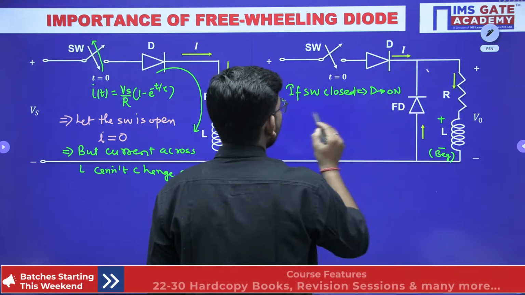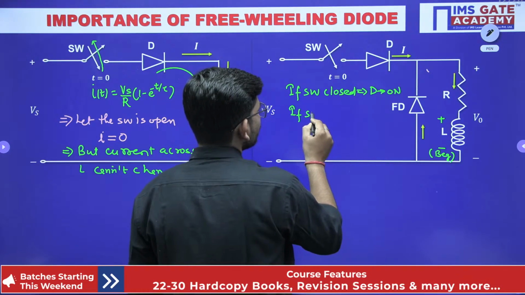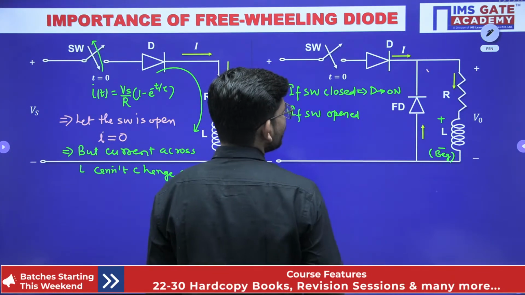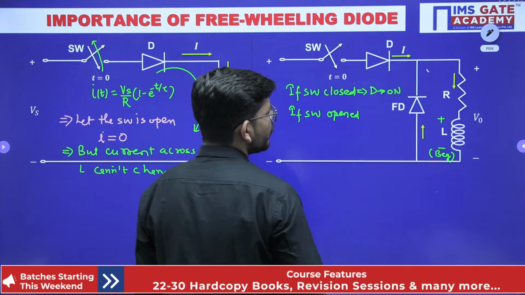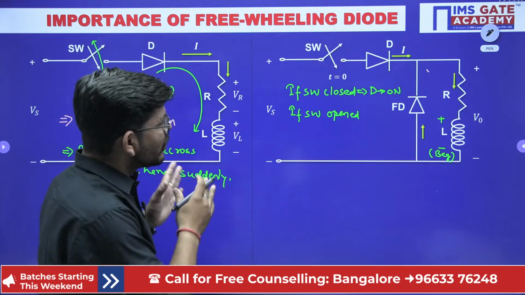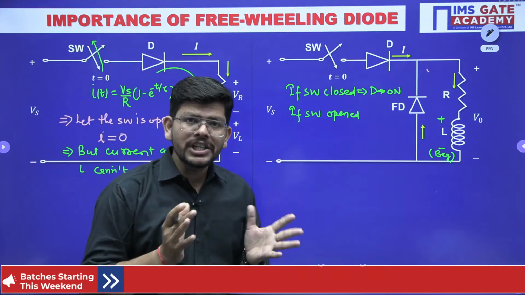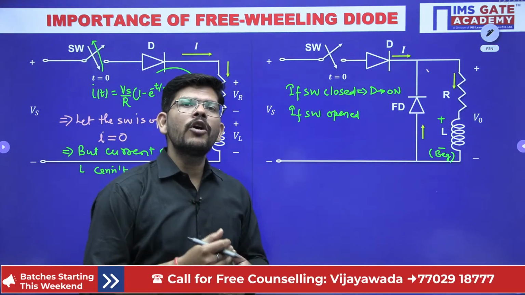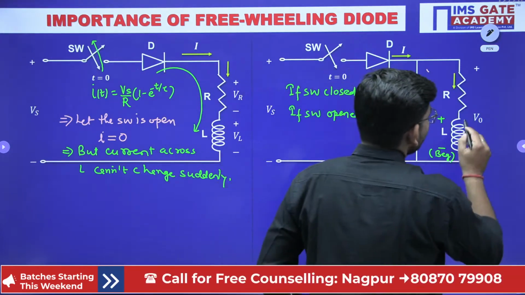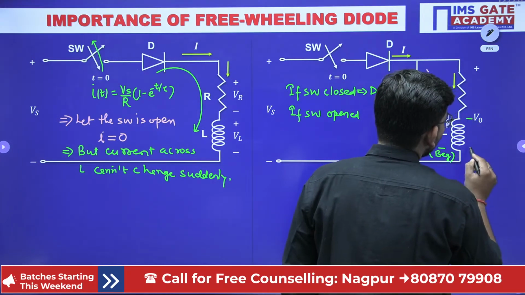If the switch gets opened, then what will happen? The current is forced to become 0, but the current across the inductor cannot change suddenly. So in order to oppose this change, the inductor will reverse its polarity.